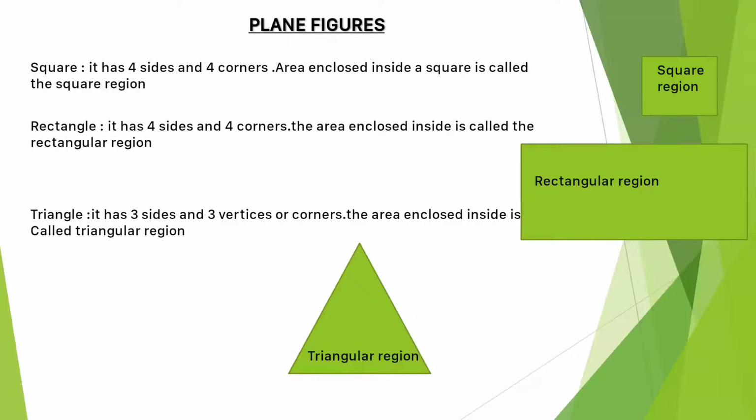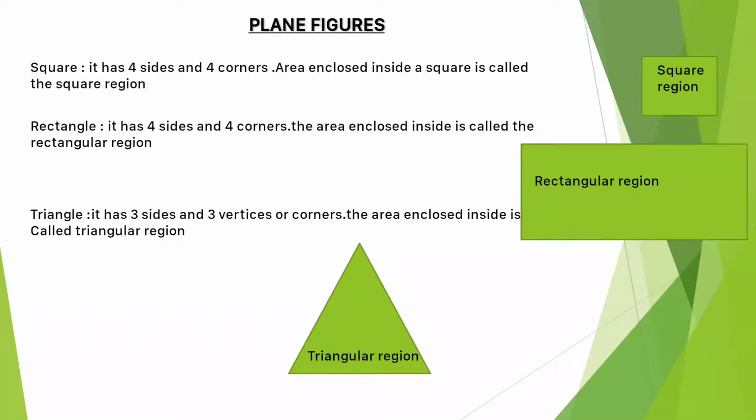The next figure is the rectangle. Rectangle also has 4 sides and 4 corners, and here also the area that is enclosed in a rectangle is known as a rectangular region. This is the rectangular region. And the next one is a triangle.